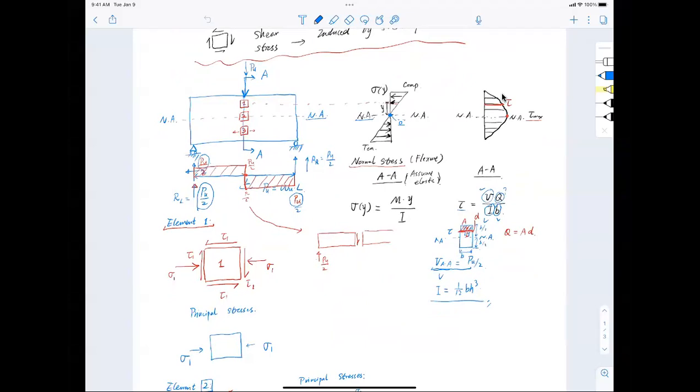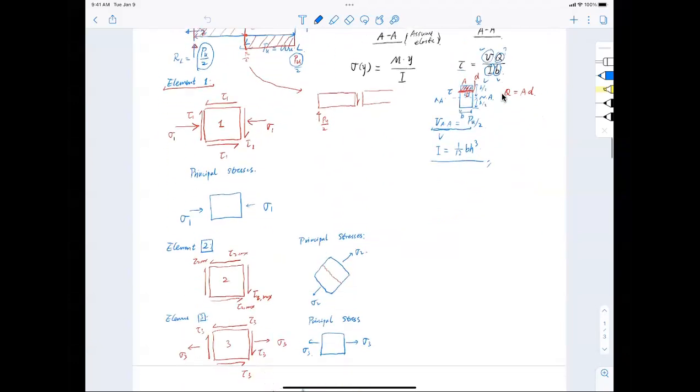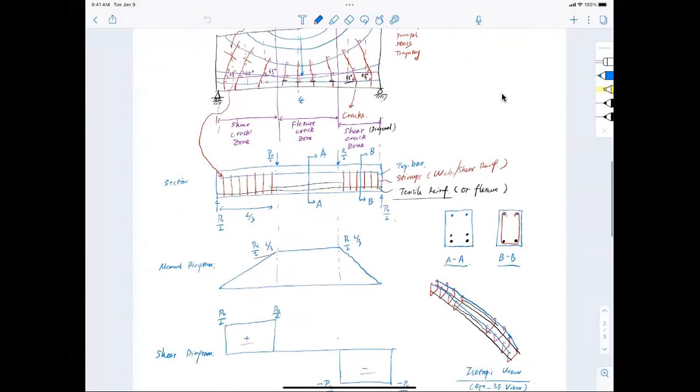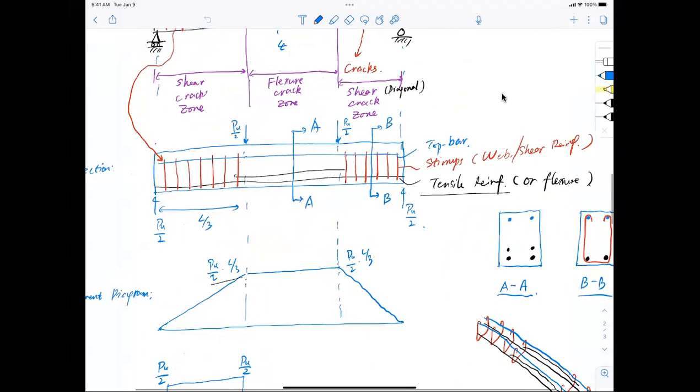Based on that, we might have 45-degree cracks, and the presence of the 45-degree cracks demands that we have reinforcement in the vertical direction, and that is what we need stirrups for.